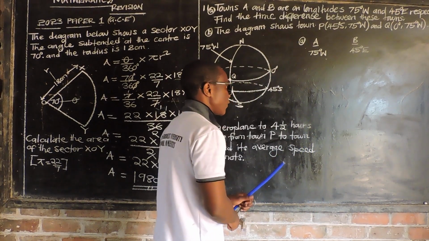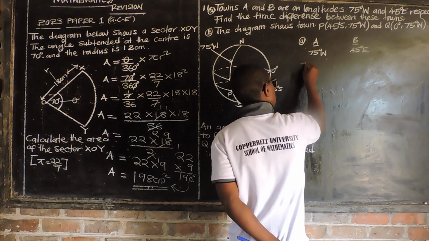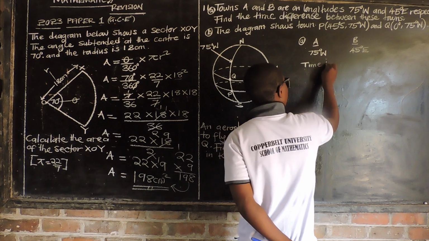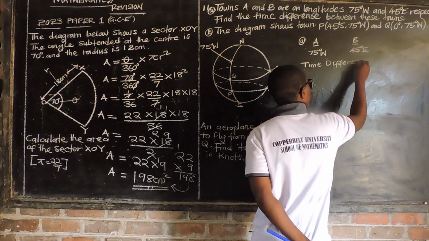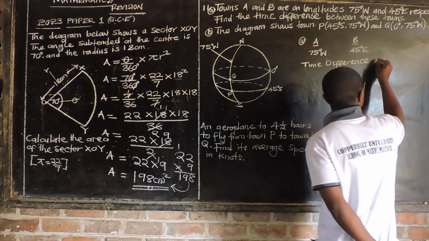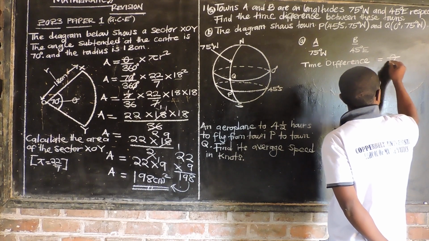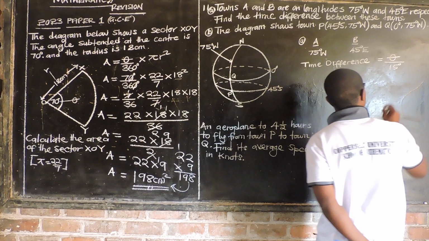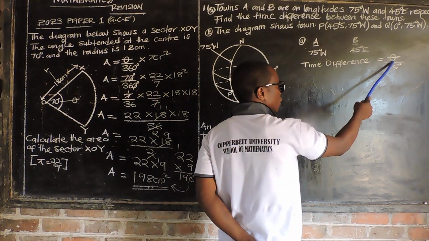For us to find the time difference, remember what I said? Time difference is equal to theta over 15 degrees, where theta is the difference in longitude.